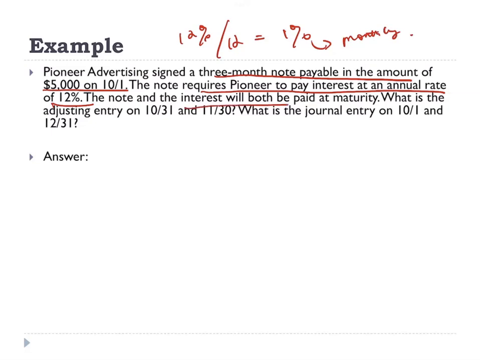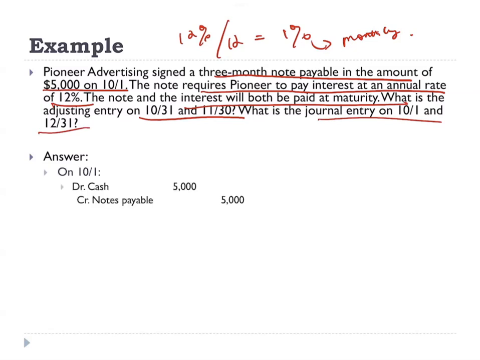The note and the interest will both be paid at maturity. What is the adjusting entry on October 31st and November 30th? And what is the journal entry on October the 1st and December 31st? So let's look at all of the journal entries here.